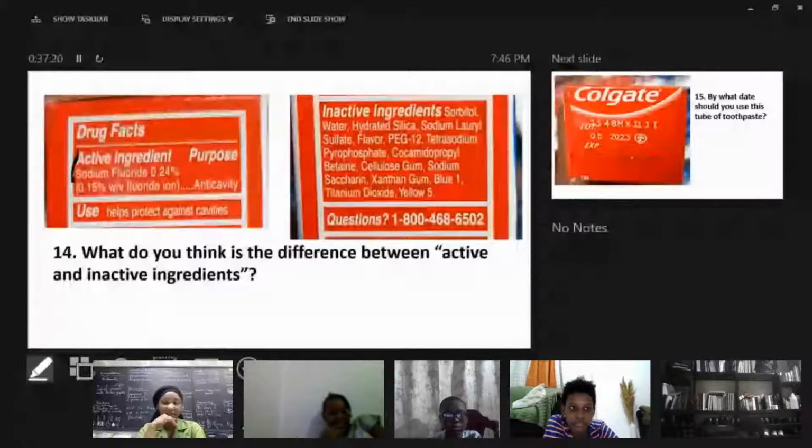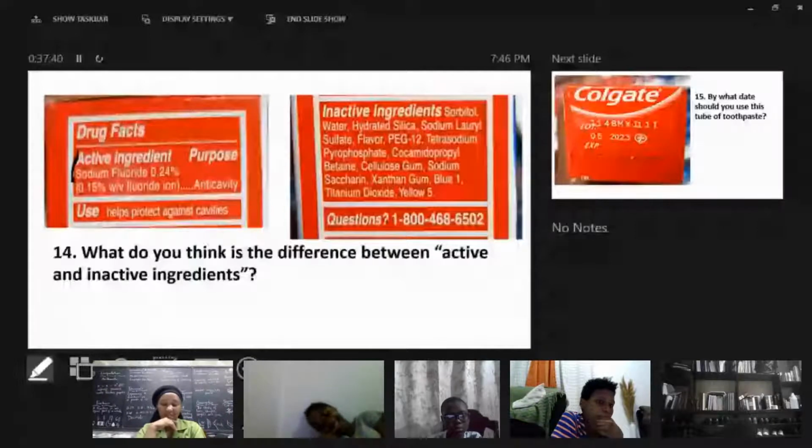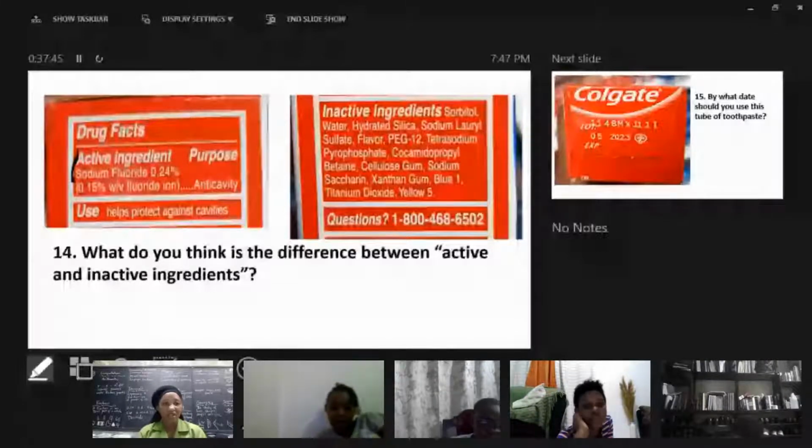Not that the others have no impact, but the sodium chloride is the dominant ingredient. As some of the scholars mentioned, the others would be there for consistency, to hold the toothpaste together, so it's not this runny, watery thing. So body, texture and consistency, and some are there for the taste.